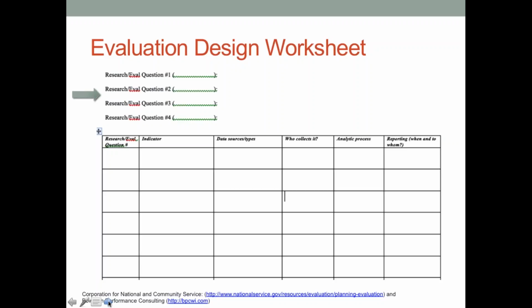The industry standard is anywhere between 6 and 8% on the low end, and if it's a way more robust design, like experimental or quasi-experimental, which this isn't, it could be upwards of 17 to 20. So in my mind, I always think 8 to 10% of our overall annual award is usually what evaluation is for, but that's just Nikki unofficially speaking from 20 years of experience. CNCS might have additional resources or information on that.